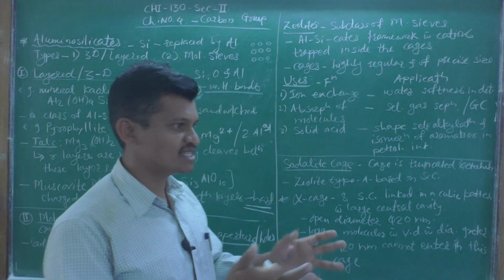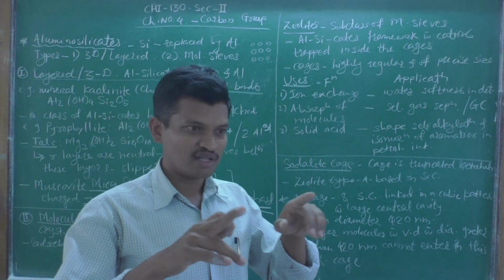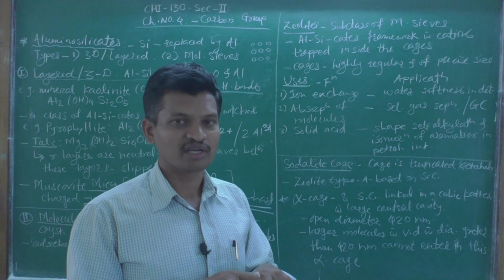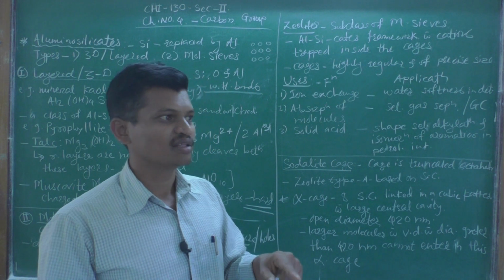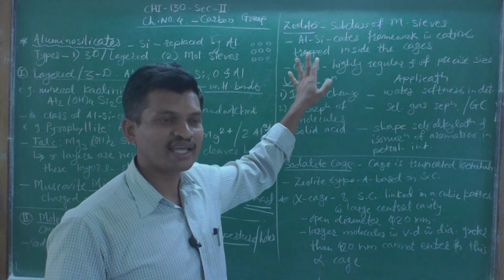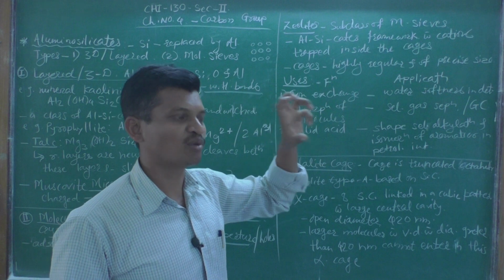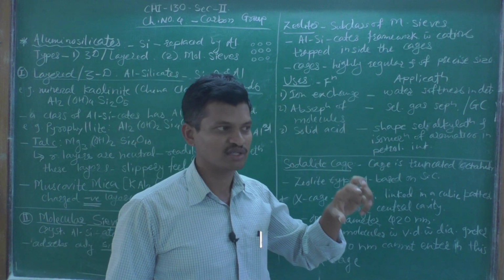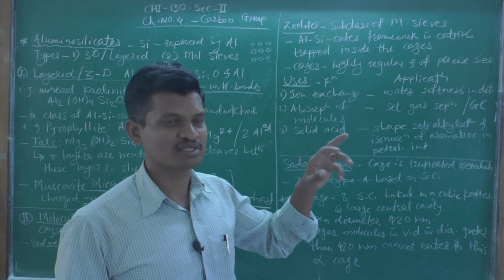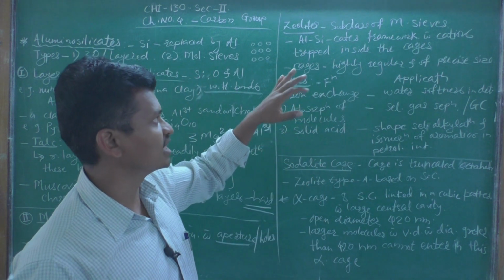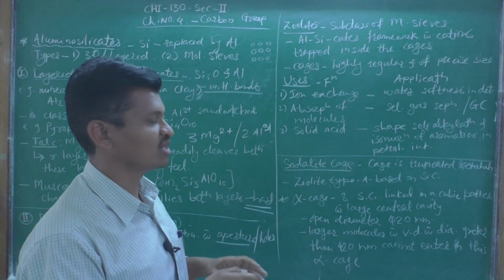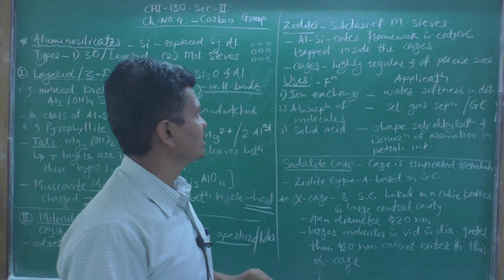Cage means an aperture is there, and these aluminosilicates have cations which are generally from group 1 or group 2 elements, that is lithium, magnesium, calcium, sodium. These cations get trapped inside these cages, or inside these apertures.